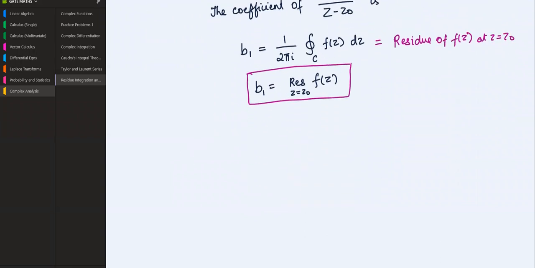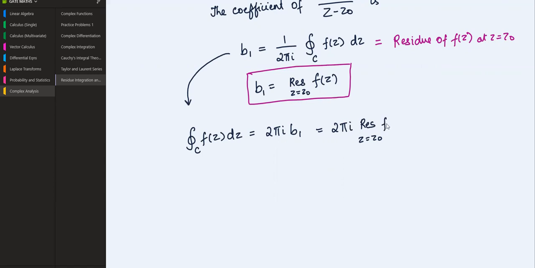So now you can see that the integral of f of z dz is 2 pi i times b1. So we can say that this is 2 pi i times the residue of f of z at z equal to z naught.